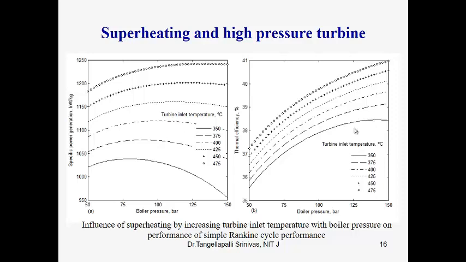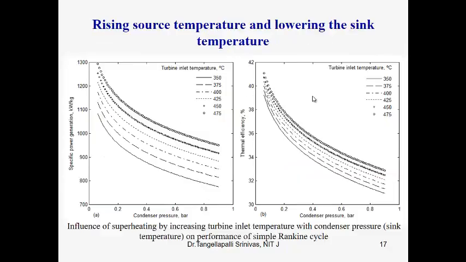The increased boiler pressure also demands heavy pump capacity. That's why it is not increasing linearly; it is increasing at a diminishing rate. So finally, it is saying superheating is good from a performance point of view. Increasing superheating increases the output as well as the efficiency.